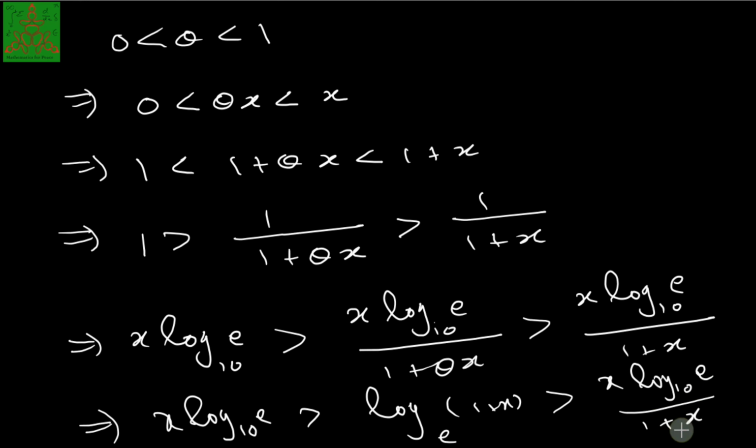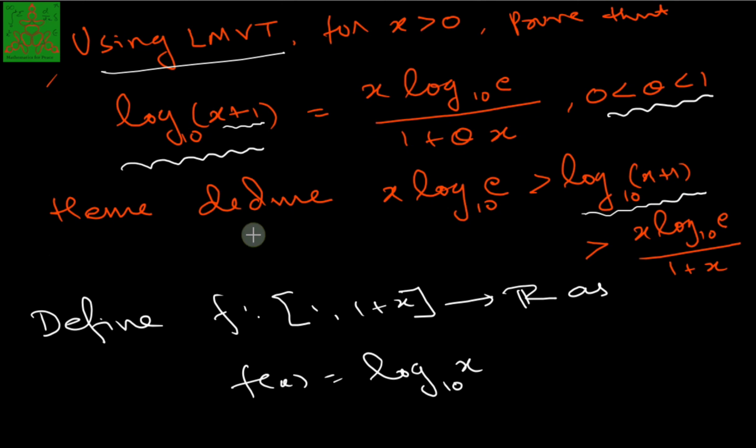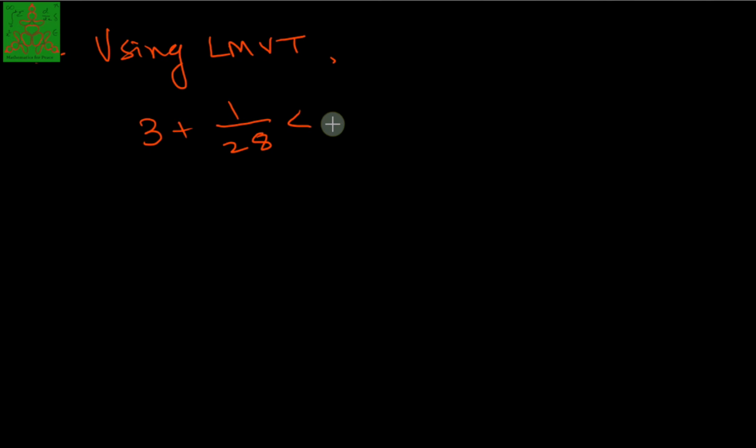So exactly this expression we had to prove in the given problem, and we have achieved that. Let us solve a couple of more examples. The question is, using LMVT, prove that 3 plus 1 upon 28 is less than cube root of 28 is less than 3 plus 1 upon 27.